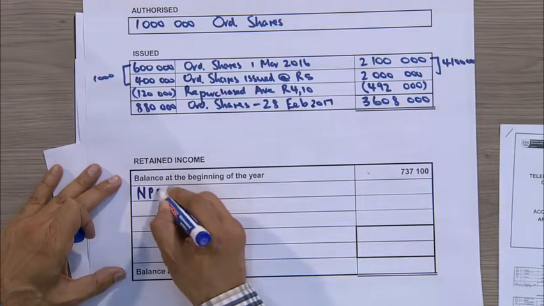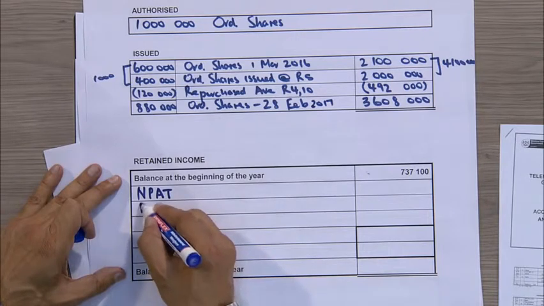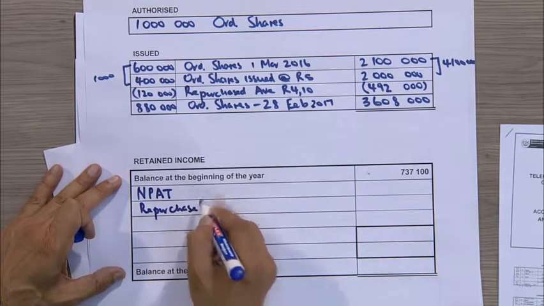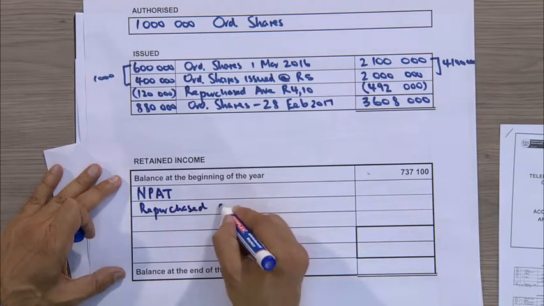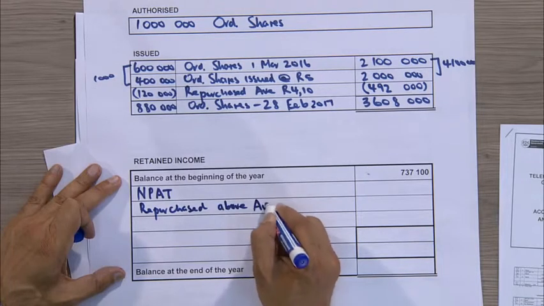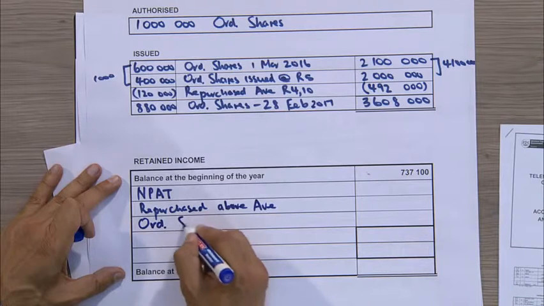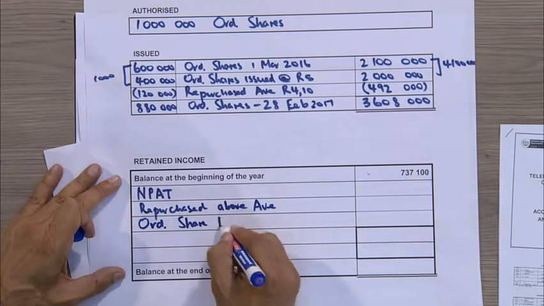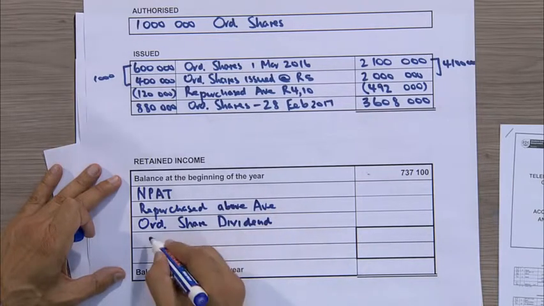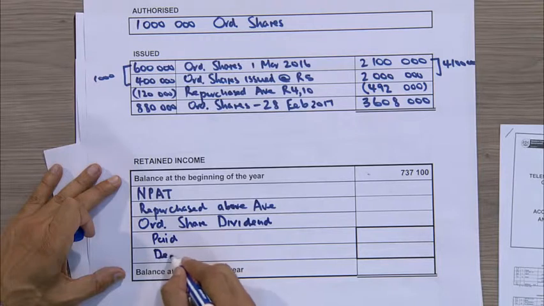It says net profit after tax. Will be repurchase above the average. And it's going to be ordinary share dividends paid and declared.